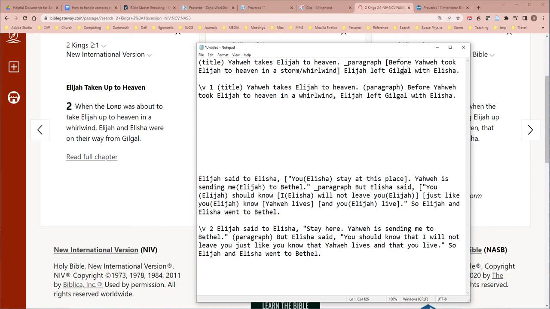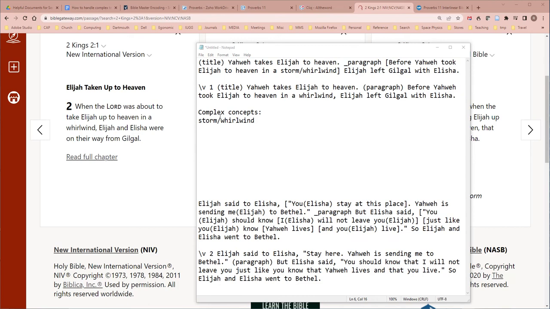Okay, so with this before, it makes it totally obvious that what we're talking about now happens before this other event. So first, let's look at the English. If I write it for the consultant, I write it, before Yahweh took Elijah to heaven in a whirlwind, Elijah left Gilgal with Elisha.